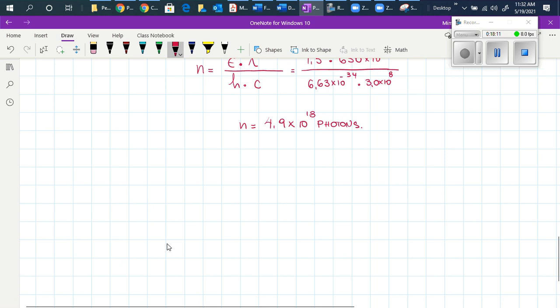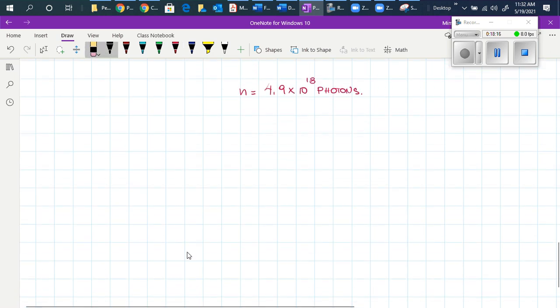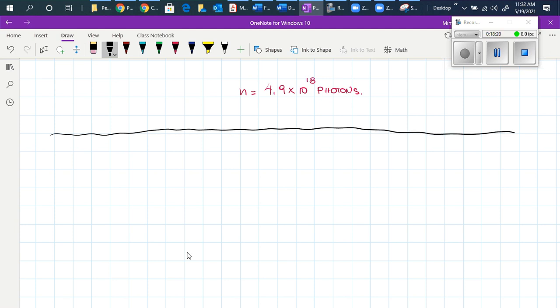So we have seen joules, and this is the main unit that we have used up to now. But as you notice from the examples that we have done, the energy is too small.